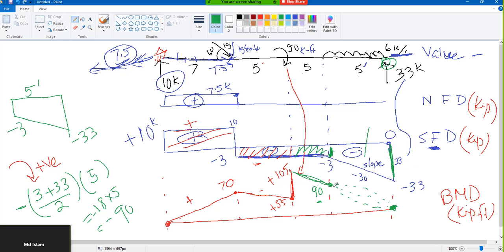That means it will be this shape. Not the bottom one, because that one means many values here and less here, but the case is opposite. Or look at it this way: this value is negative and increasing in negative. So my slope here will be negative, and my negative slope is increasing. You can see it that way also.